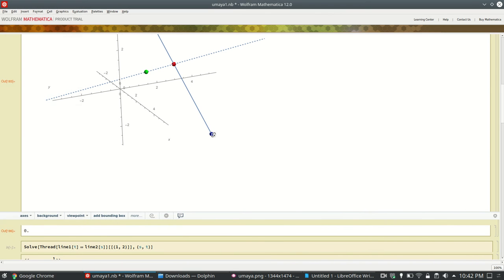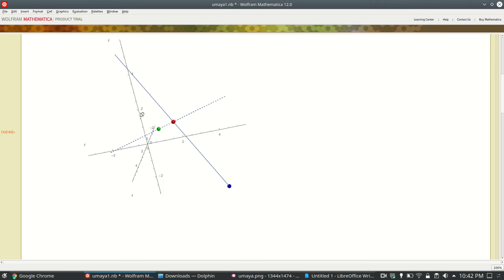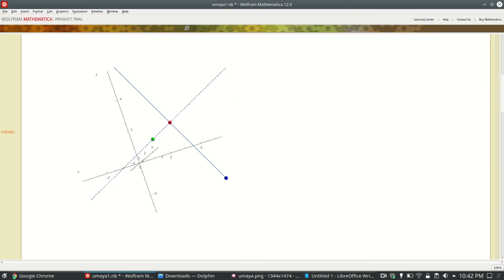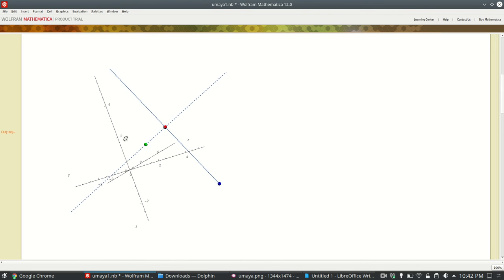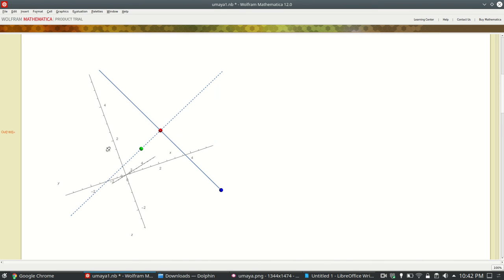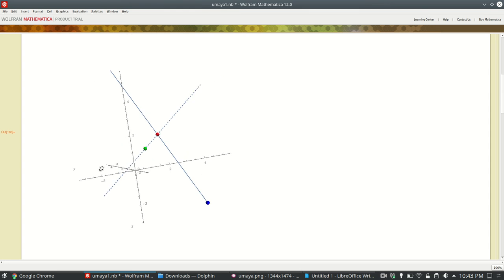So if you rotate this just right, it looks like these two lines are perpendicular. So to prove that, you can take the dot product, and the dot product should be 0, right? Now, to choose the vectors, I think there is a really easy way to choose the vectors, but I couldn't think of the easy way, so I found the hard way.